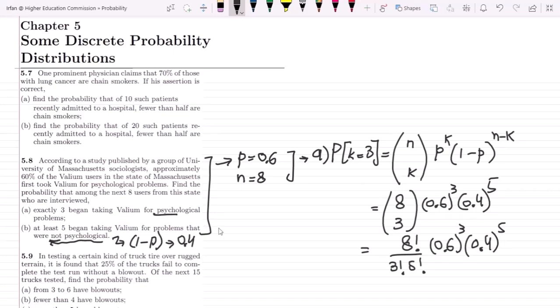So therefore what we have to do here is find the probability that k prime, which is the not psychological, is having the range which is at least 5. At least 5 means k is greater than or equal to 5. Okay, and we can also find it by 1 minus the probability that k prime is less than 5, that is up to 4.